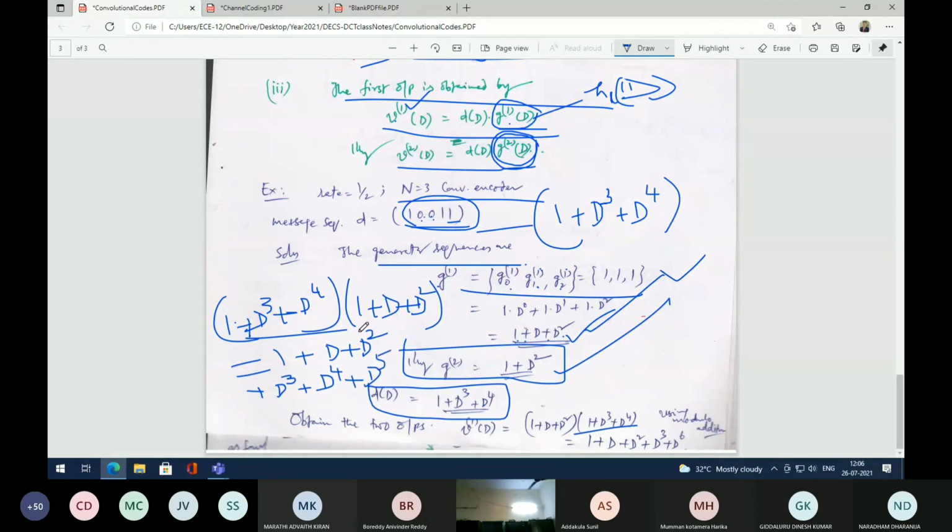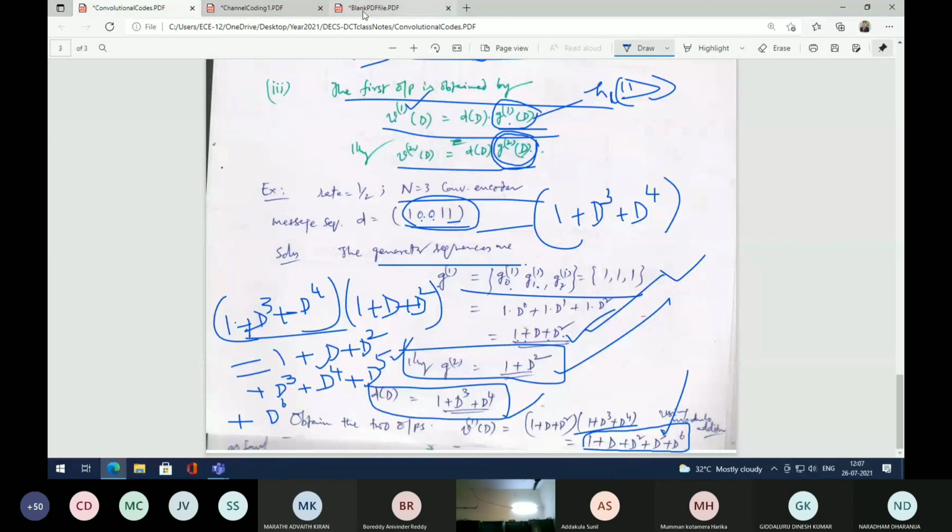The second is over. The third one gives plus D to the power of 4; I need not write it again because it is already there, and likewise D to the power of 5. And you get D to the power of 6. So finally, this is my generator output: 1 plus D square plus D cube plus D to the power of 6. This is the first output.